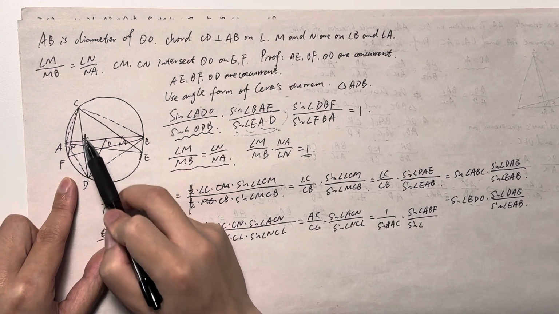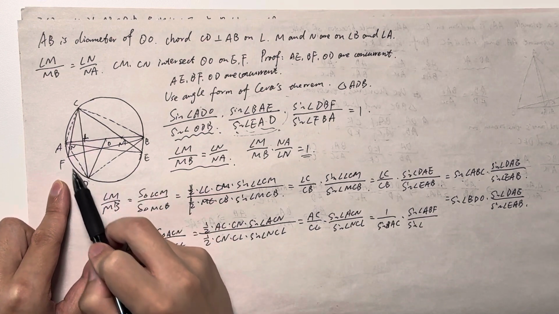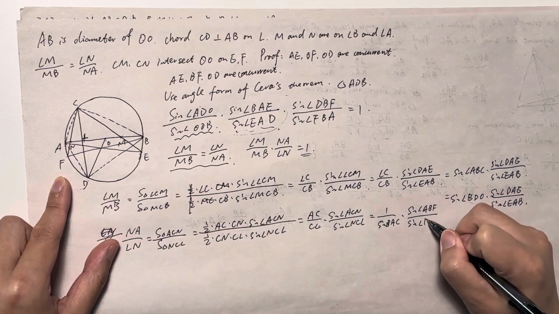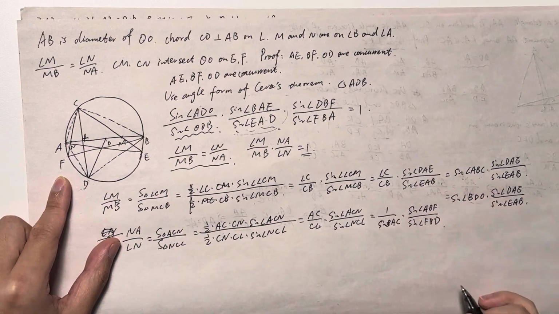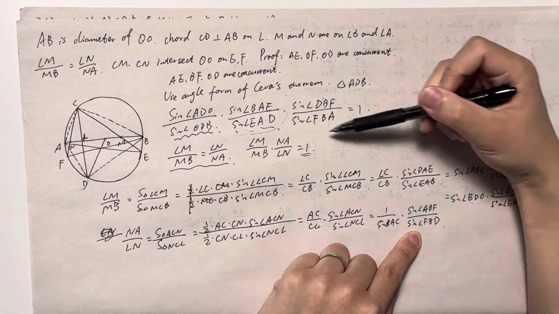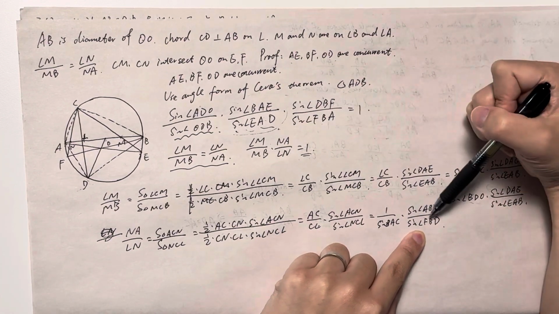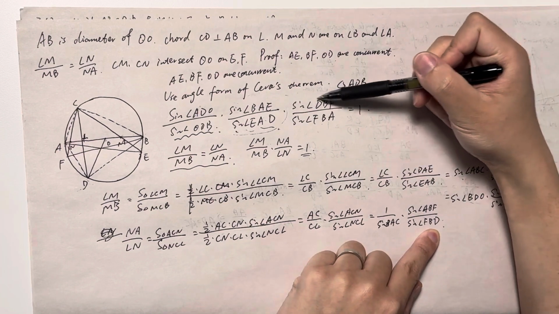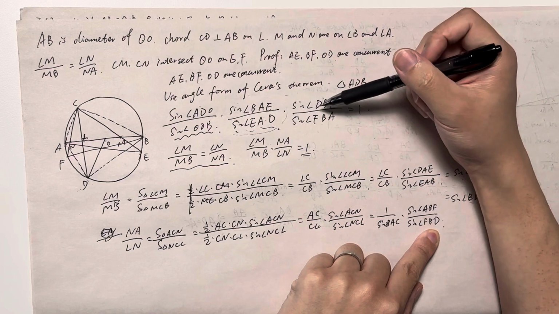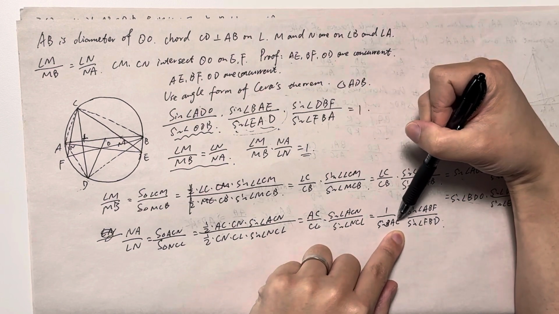NCL, that's for the arc FD, so it equals angle FBD. Look at here. We have ABF, FBD here, right? DBF is the same as FBD, and we have BAC on the bottom.